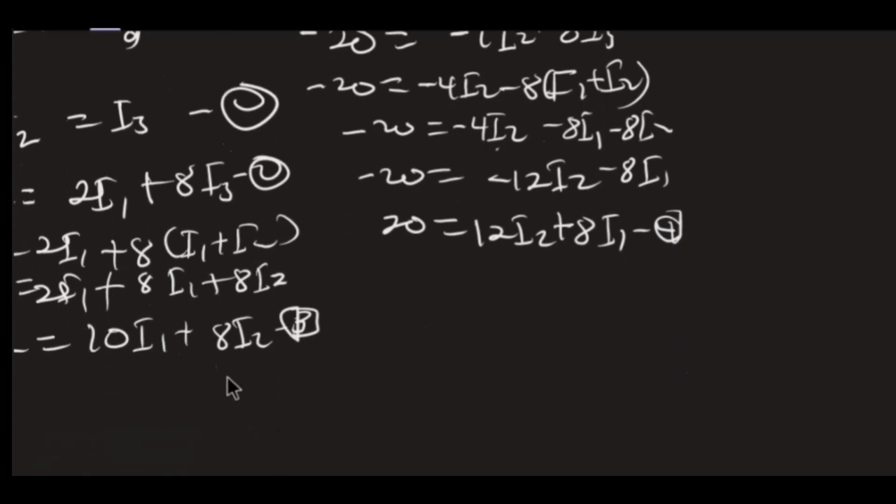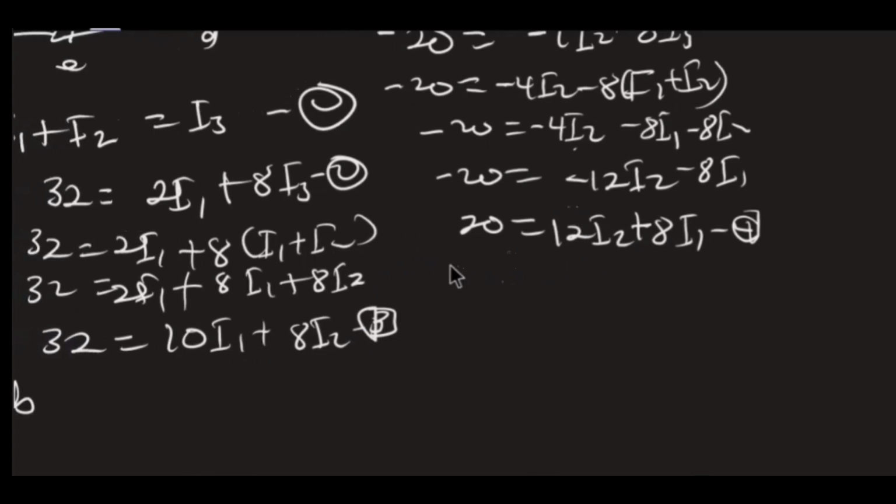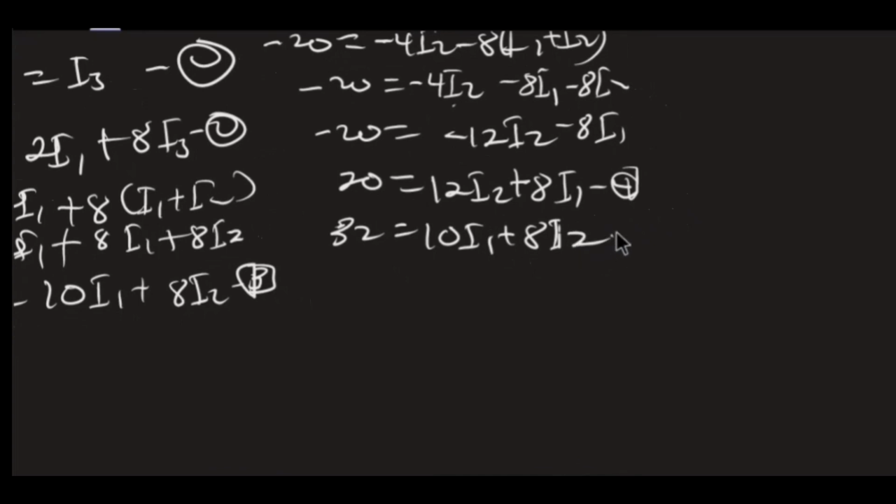So now I'll take these two equations since I have I1, I2, I1, I2. So let me take equation 3. So I'll have 32 is equal to 10I1 plus 8I2. Then I solve these two simultaneously. And what am I getting?